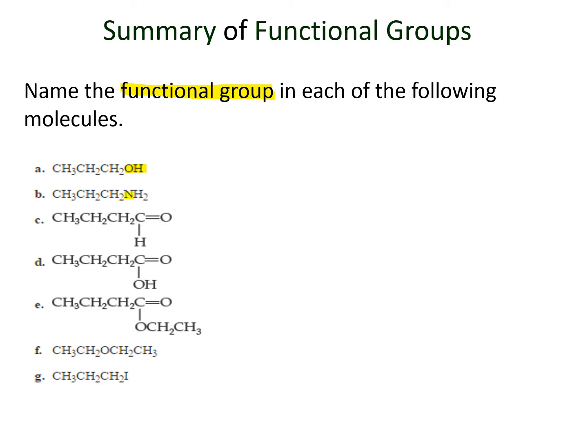The second one has an amino group, this one has an aldehyde group, and so on. The rest of these you can do yourself. Try to memorize the table first, and then try to answer these, rather than just going back and checking these names. This slide is really important from the exam point of view, as such a question can be there.